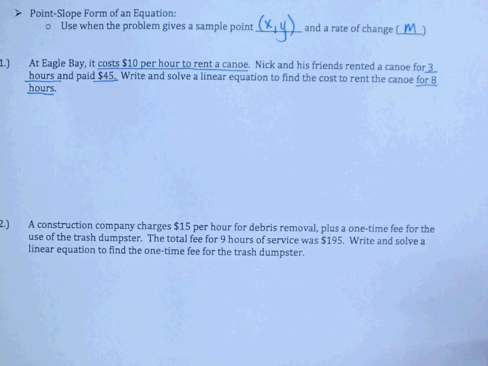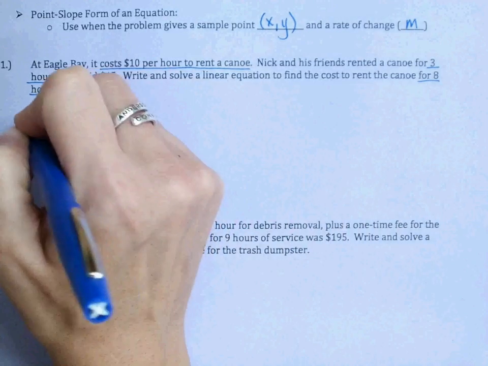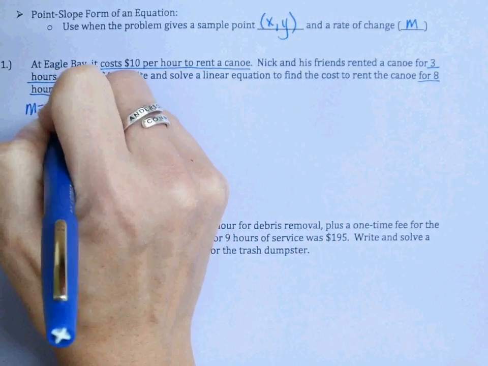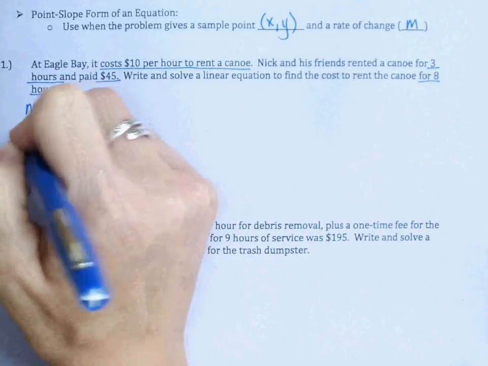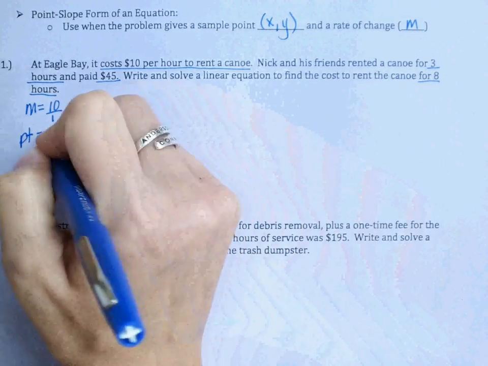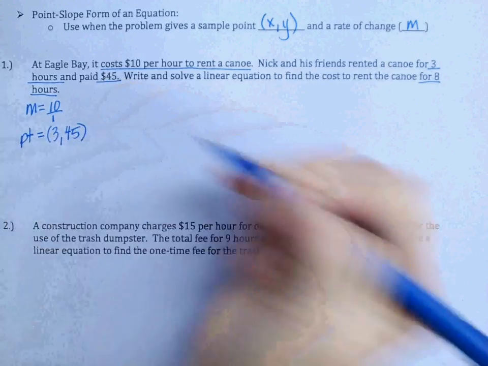So I'm going to start labeling information that I know. The rate of change that they gave us is $10 per hour, or 10 over 1. Either way you have it is fine. The sample point that we get is for 3 hours, they paid $45.